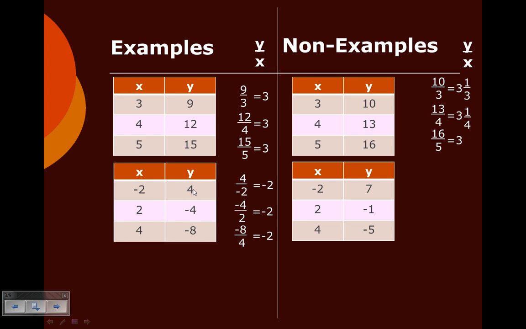Once you take the y number divided by the x and it gives you a number, do that for all of them, and this will show that it's proportional because they all have to be the same. Over here, when we divide the numbers, they do not come out to be the same. They come out in different numbers, and that means it will not be proportional.